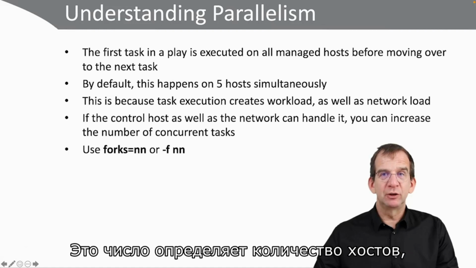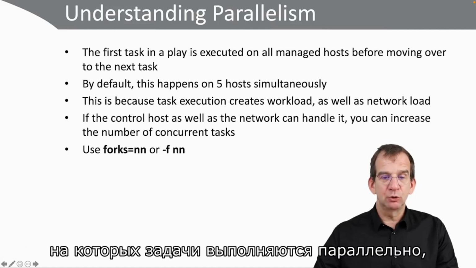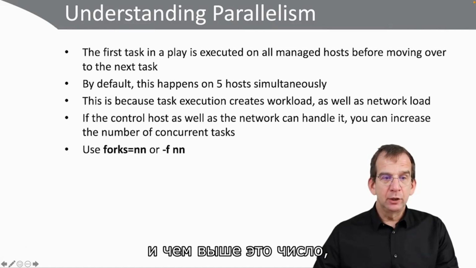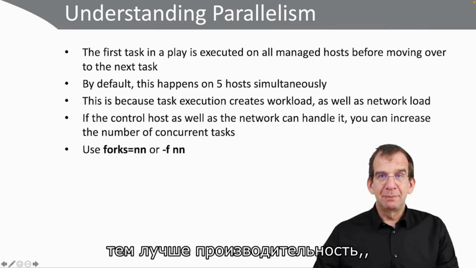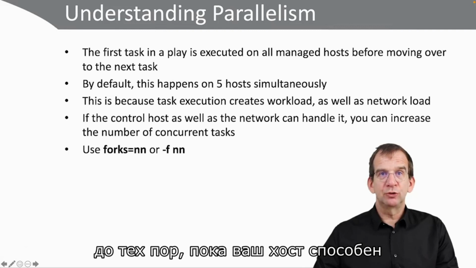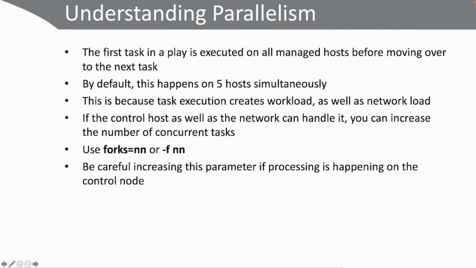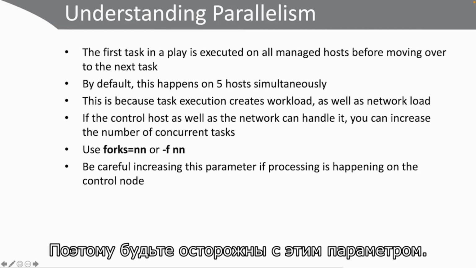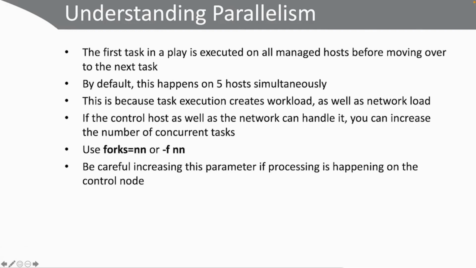The number of forks determines the number of hosts that is processed in parallel, and the higher you put this number, the better it is going to perform, as long as your host is able to deal with the increased workload. So do be careful increasing this parameter.